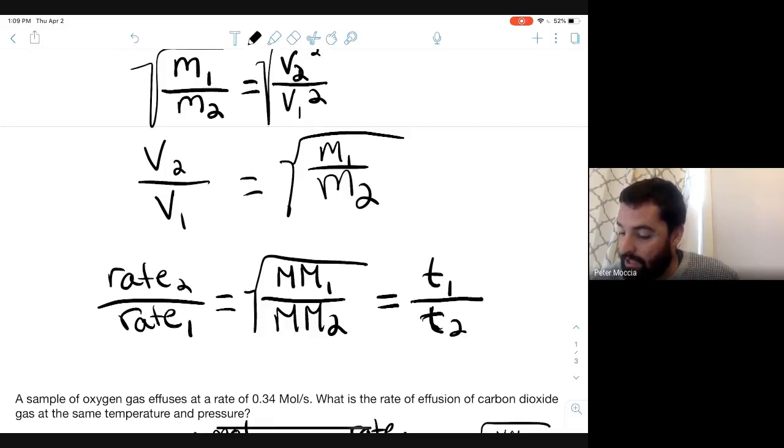And so these actually correspond to the molar masses, because if this one has a lighter molar mass, then it will effuse faster. Okay, so that actually makes sense. And if this one is lighter, then the time it takes is going to be inverse to its actual rate, right?